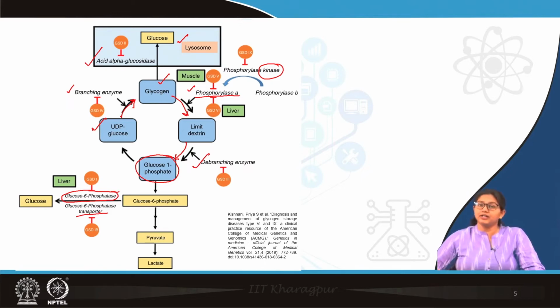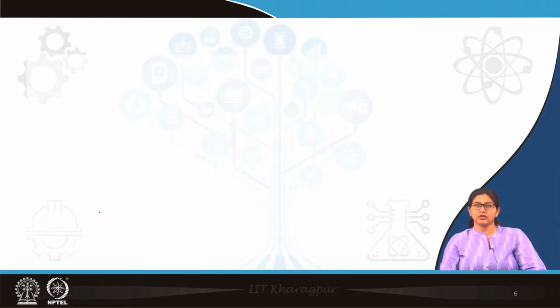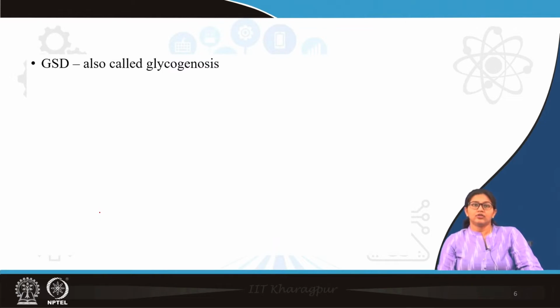There are multiple types of glycogen storage disorder, and as I told, they are named in chronological order. Numerically they are numbered, and the numbering is done by which one was discovered first, that is type 1, then onwards. All the glycogen storage disorders are also known as glycogenosis.